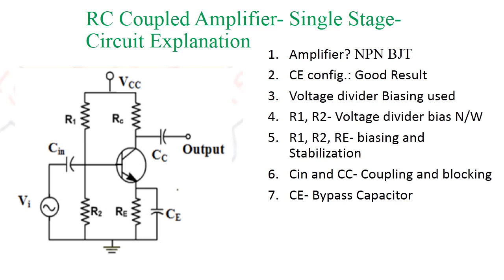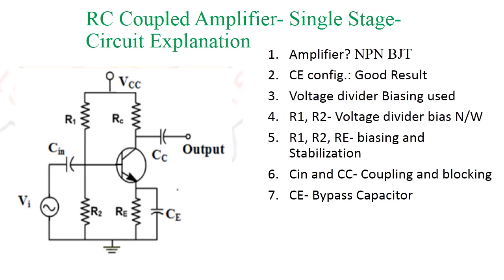Then Cc is again a coupling capacitor. It couples the amplified AC output from the collector terminal to the output device, or it couples the amplified AC signal from the collector terminal to the input of the next stage amplifier.